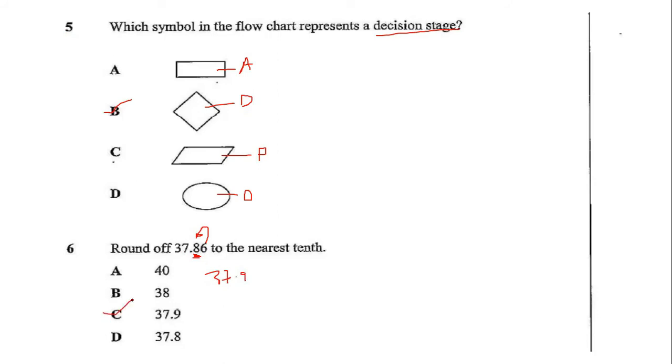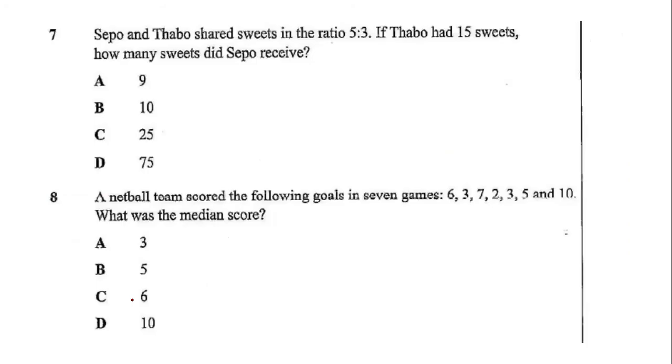All right, we continue. So we go to question 7. Question 7 simply reads, Sepo and Tavo shared sweets in the ratio 5:3. So here we have Sepo to Tavo.